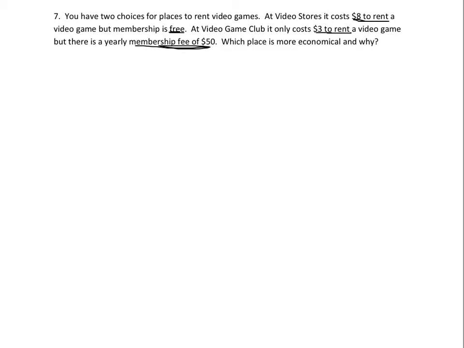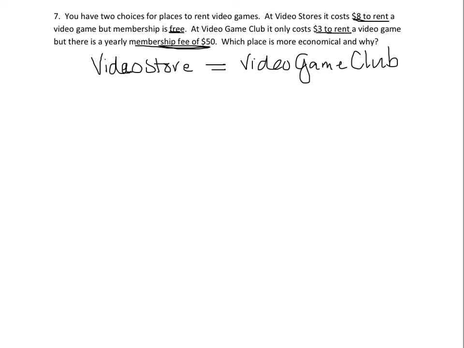Let's make an equation. The left-hand side of the equation, let's make it the video store. We want to find out when it's going to be equal to the Video Game Club. Because if we know when they're equal, we can then compare and look at which one's better for us.